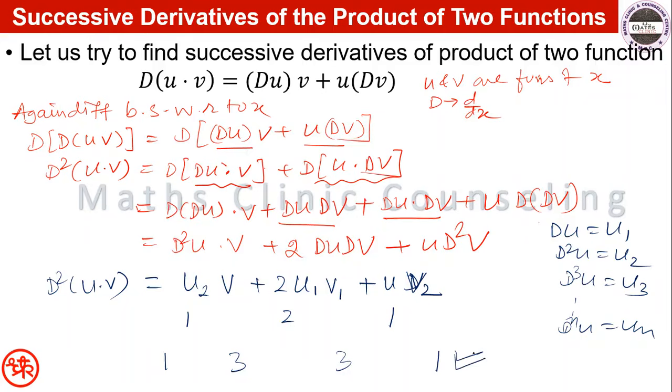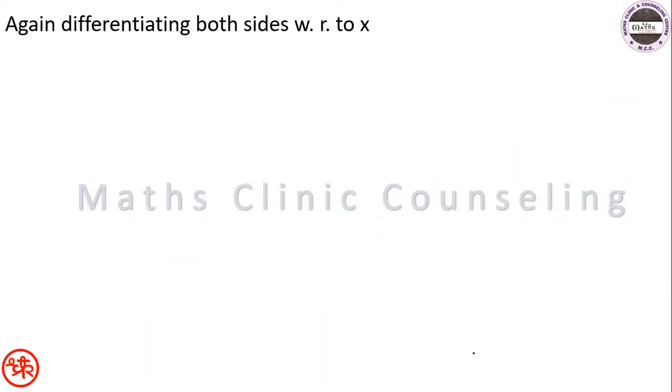So next, let us see again differentiating both sides with respect to x. What will you get? d of d square u into v is equal to, what was on the previous slide?